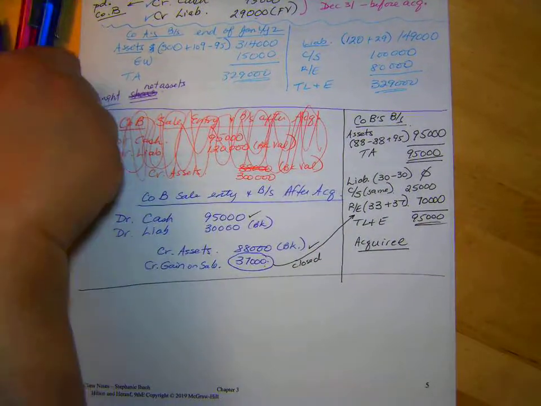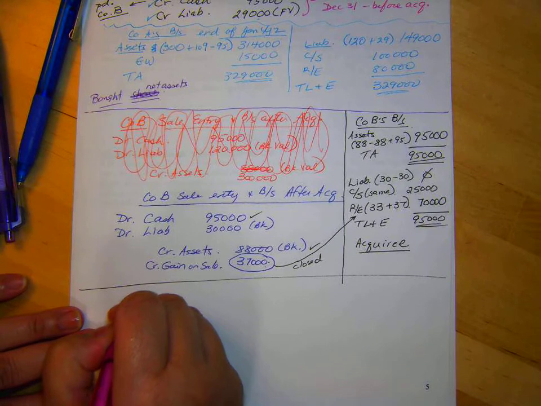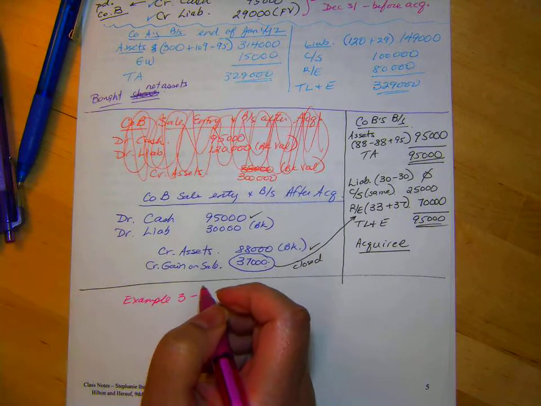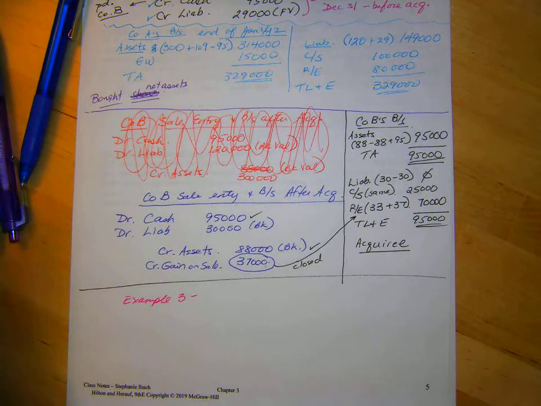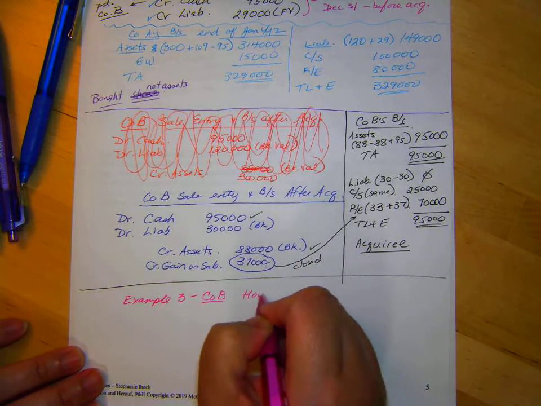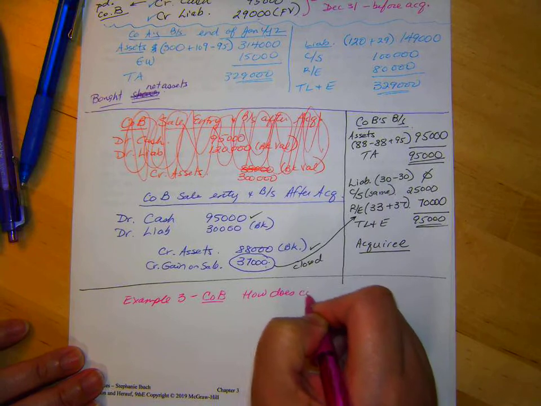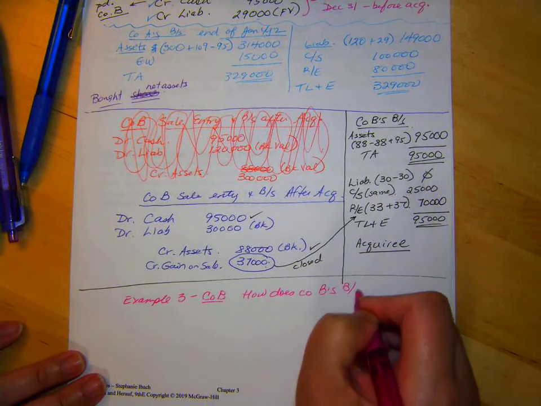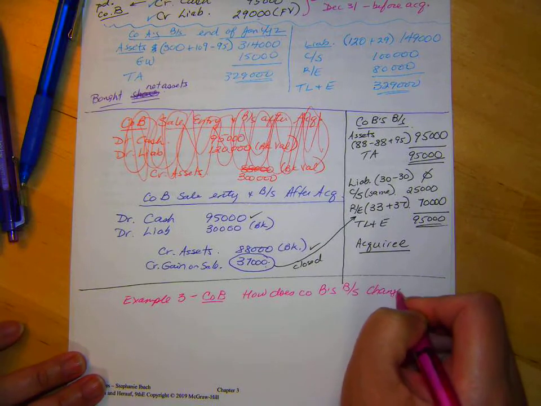So, example 3. Company B, how does Company B's balance sheet change?